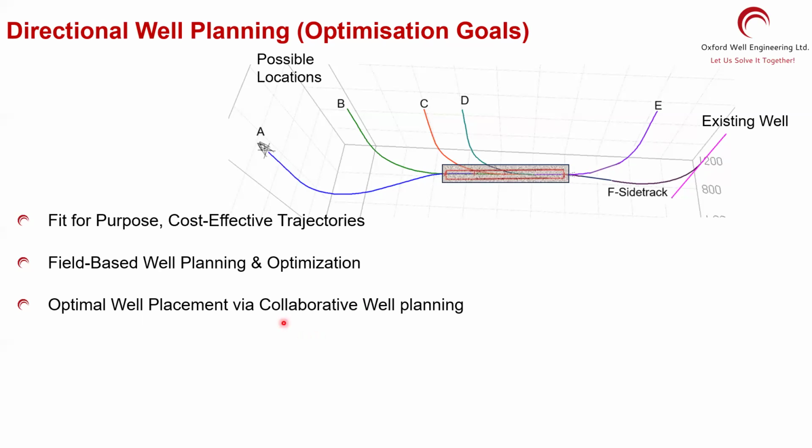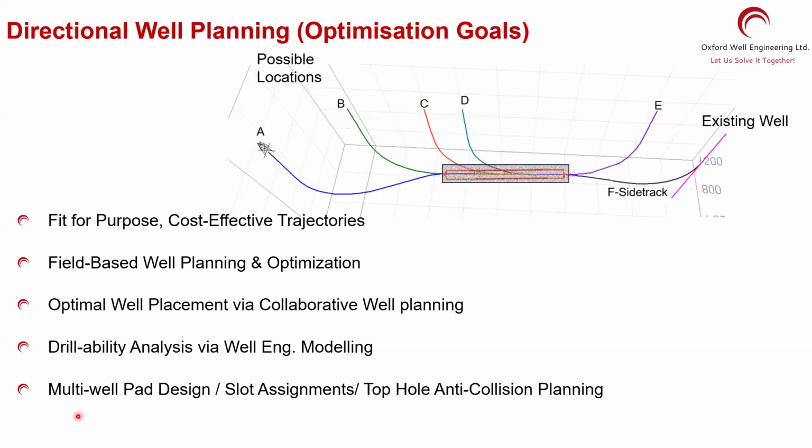Subsurface needs to stamp it, approve it, and like it. So you need to do the collaborative well planning at every moment. Drillability analysis: you have created the trajectory. Are they easy to drill? Are they good enough to drill? So you can actually check on them and see which one is better for drilling. And you can also design the pads using your knowledge with it.